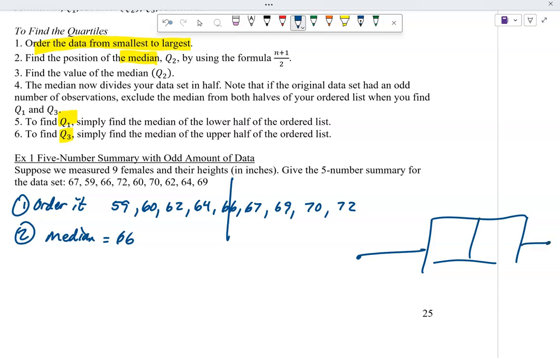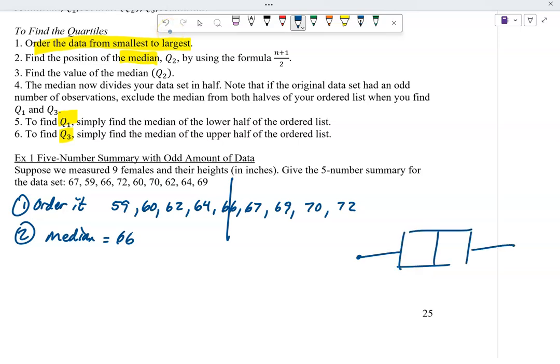So in our 5-number summary, boy, that's a really bad box plot. We have our minimum score of 59. Our maximum score is 72. This is going to give us our 5-number summary. Our median right there is that 66. This is quartile 2.